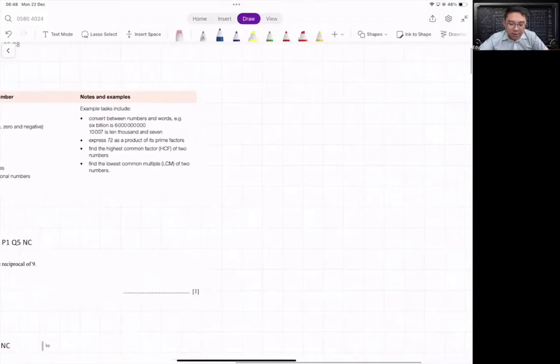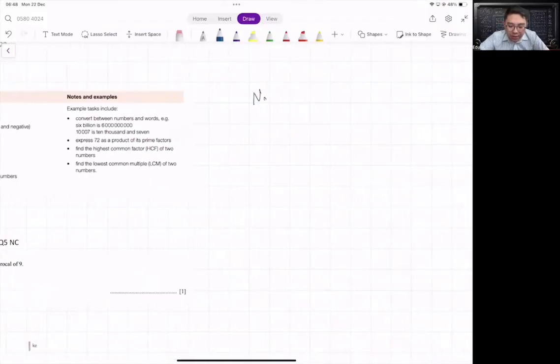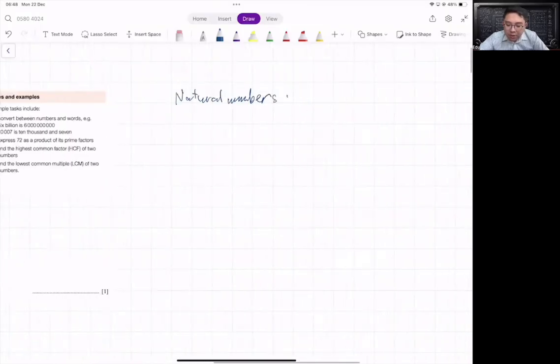Okay, so first you will have natural numbers. So what are natural numbers? Simply put, it's going to be things like 1, 2, 3, 4, so on and so forth. Some of you may have a question whether zero is in the list.